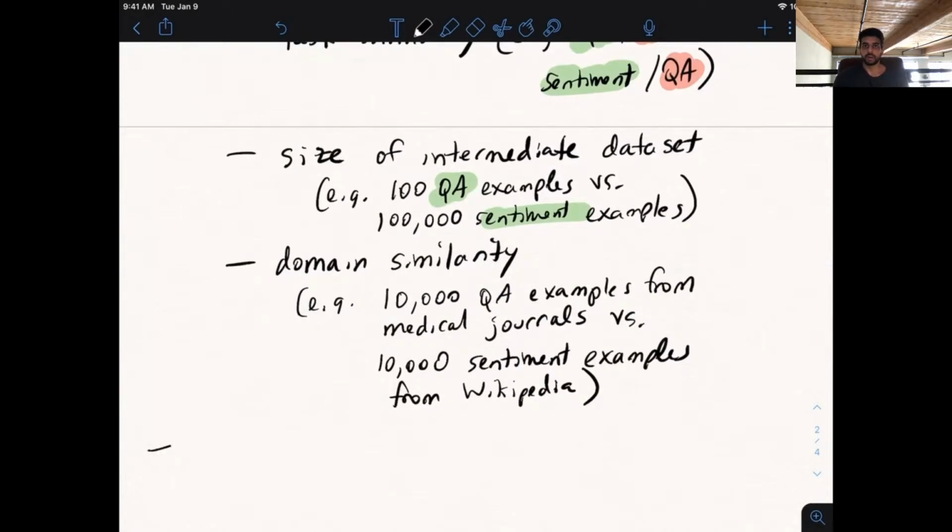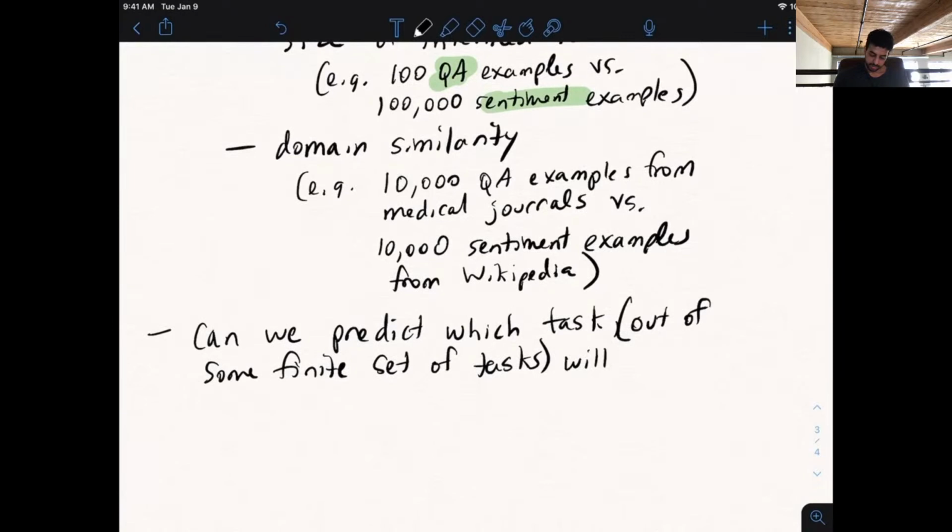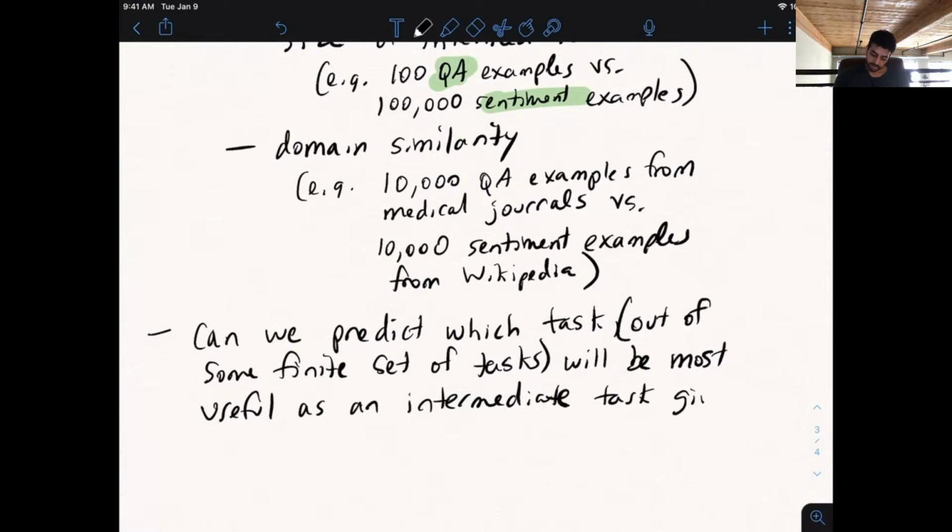So that kind of motivates the question, can we predict which task, out of some finite set of tasks, will be most useful as an intermediate task given a specific downstream data set.